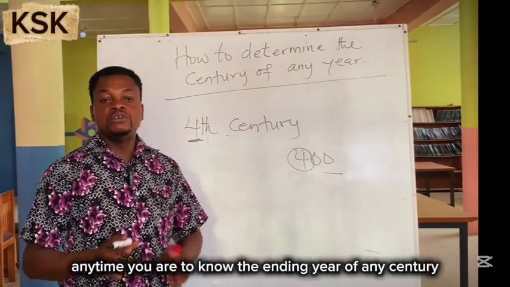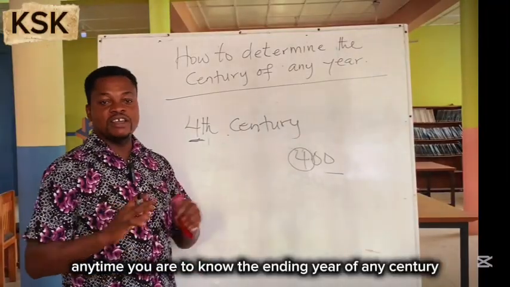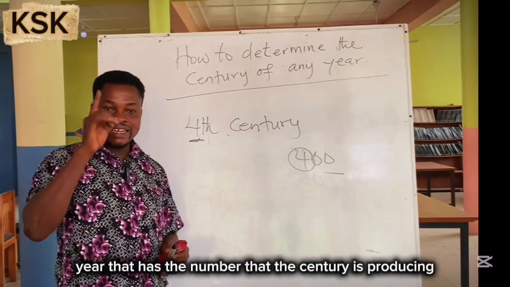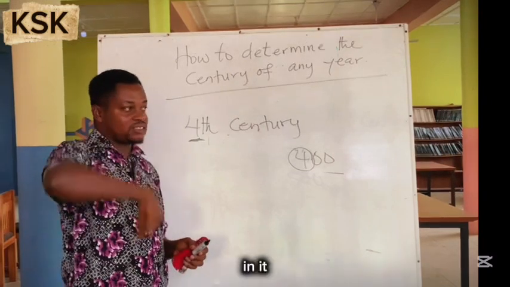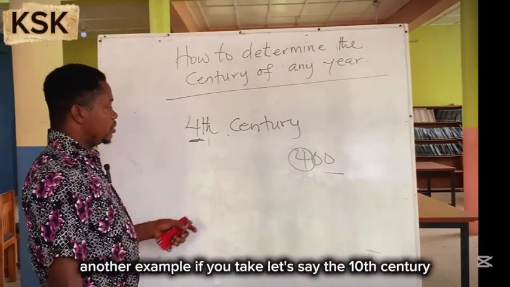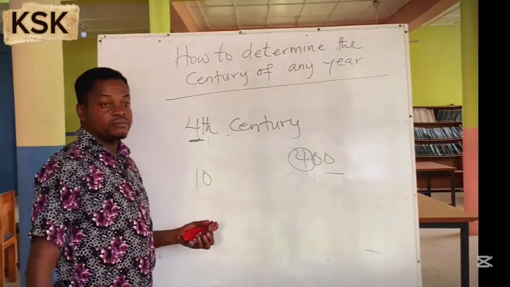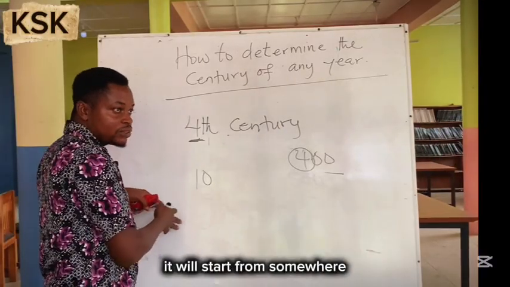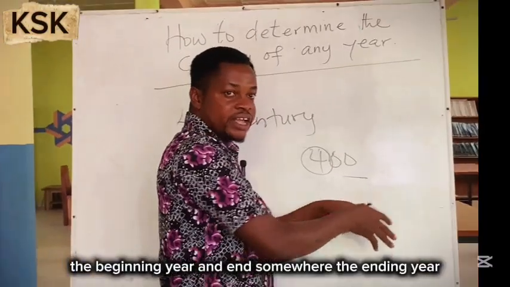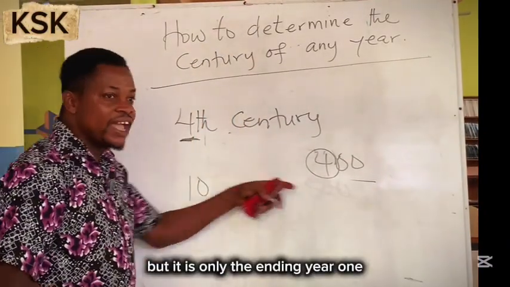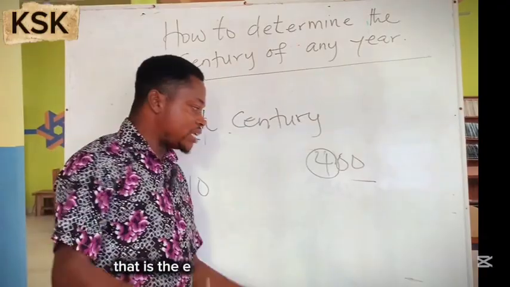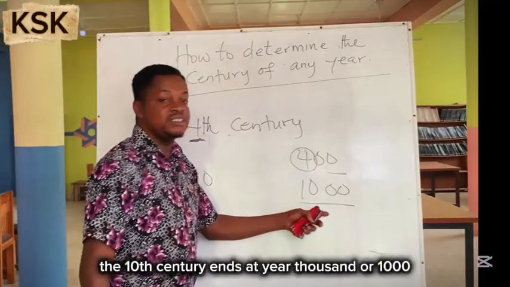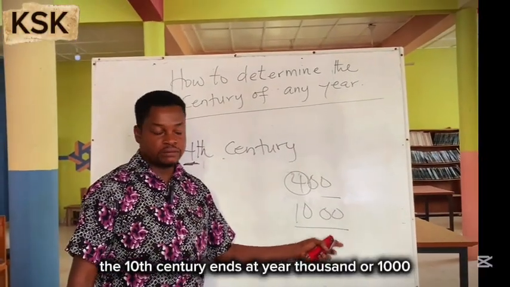If you have this rule covered, you are free to go. Anytime you want to know the ending year of any century, that is the only year that has the number the century is producing in it. Another example, let's say the 10th century. The 10th century has 100 years in it. It starts somewhere at the beginning year and ends somewhere at the ending year. But it is only the ending year, only 1 year, that has the number 10. You know the 10th century ends at year 1000.